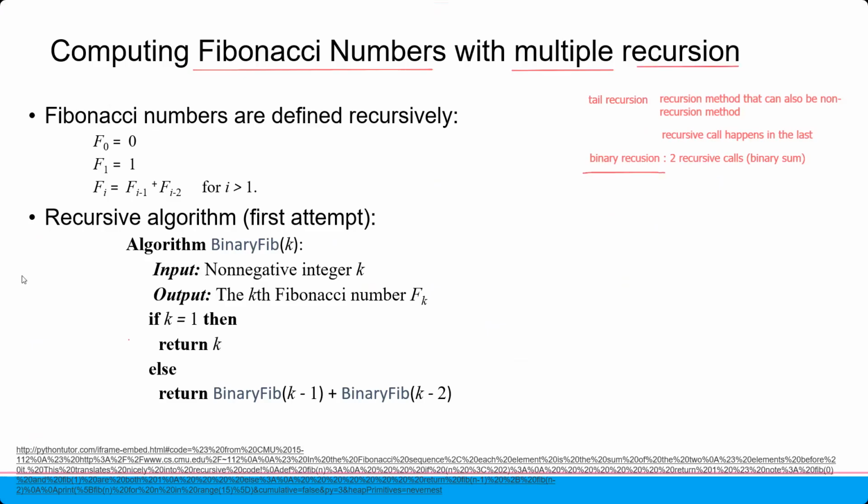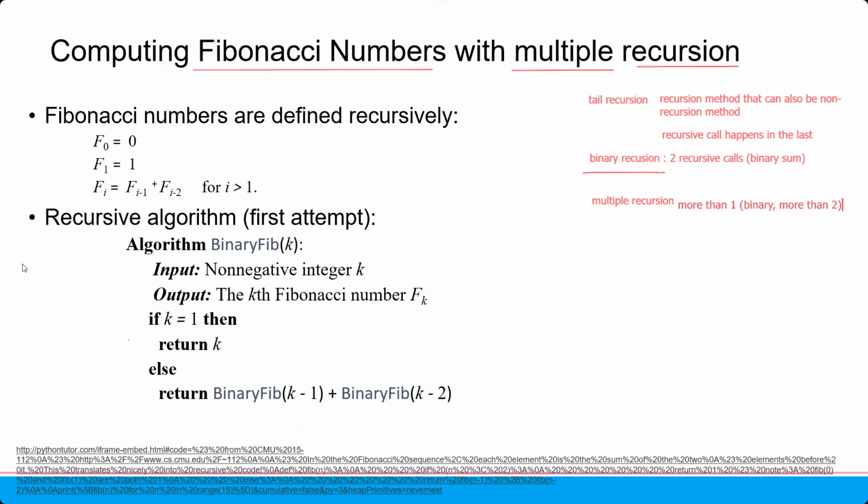If we use the word multiple, it is more than one. So multiple recursion means more than one. It can also include binary, and it can also be more than two, and so on.